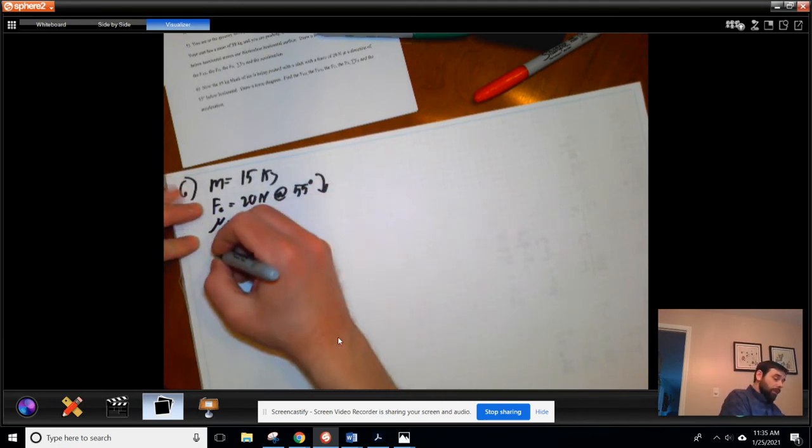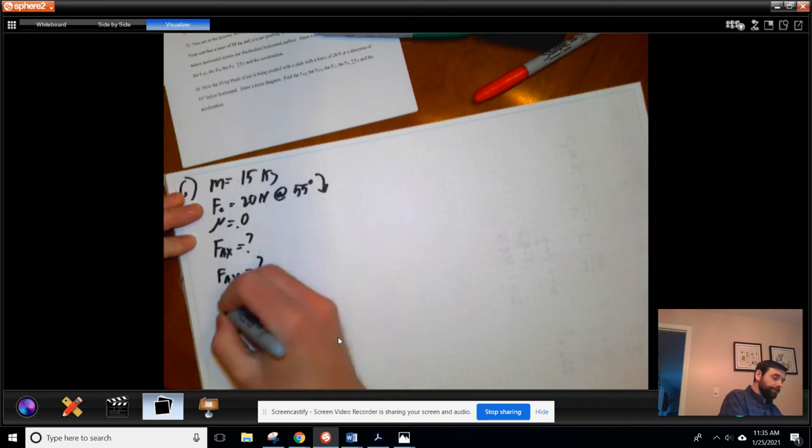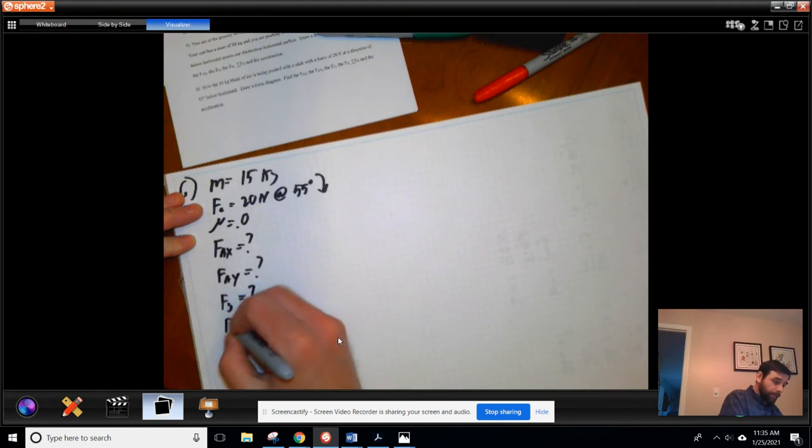Draw a force diagram. FAX equals, FAY equals, FG equals, Fn equals, and net force X equals, and our acceleration equals.